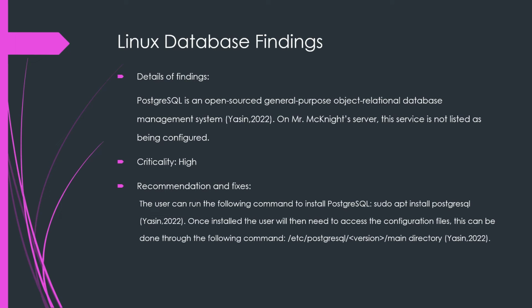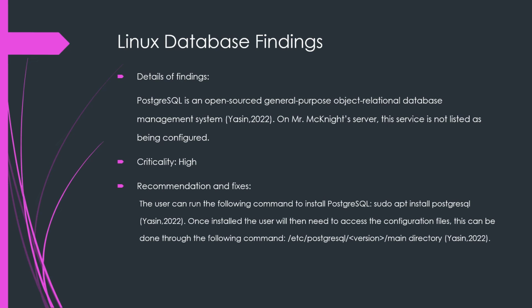Linux database finding. PostgreSQL is an open source general purpose object relational database management system. On Mr. McKnight's server, this service is not listed as being configured. Because this is a required service, its criticality is listed as high. The user can run the following command in order to install PostgreSQL, the sudo apt install postgresql.